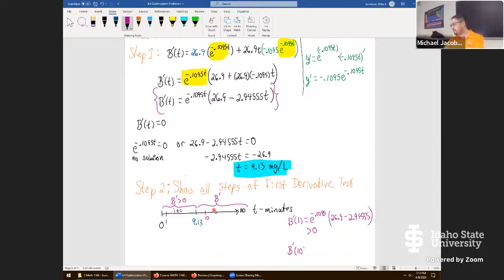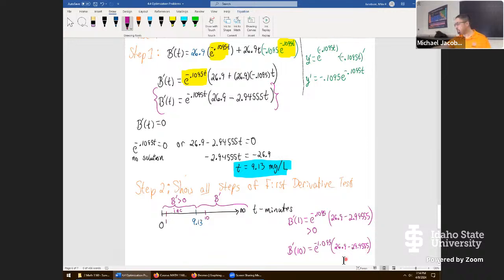B prime at 10 equals, first we throw 10 right here. That's just going to shift the decimal place 1 spot to the right. E to the negative 1.095. Copy in 26.9 next. Now we're multiplying by 10 right here, so now it's a negative 29.4555.